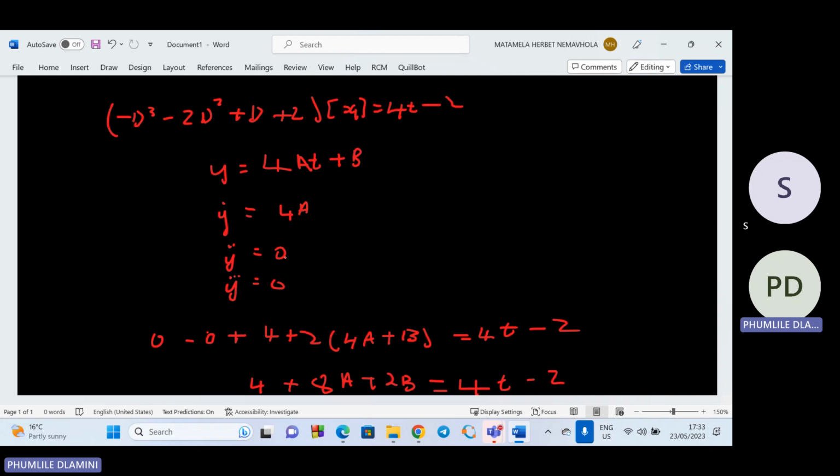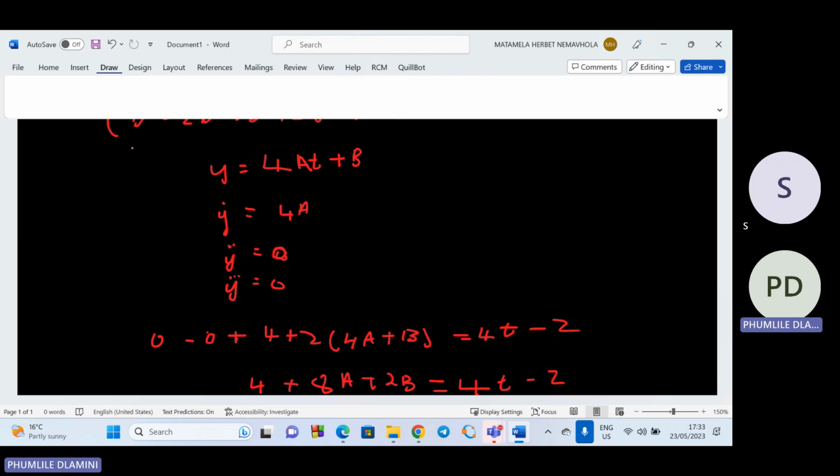Then here is going to be 0. Let me check if there is something that I'm missing here.